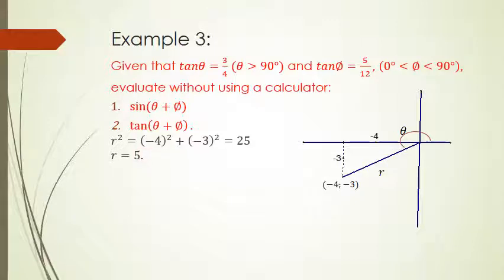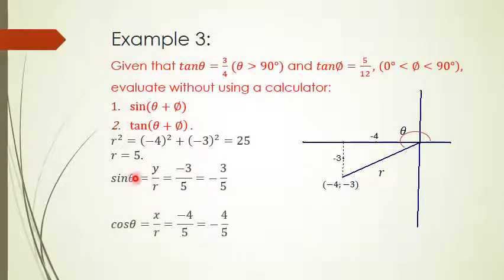So we can now write down the cosine and sine of theta. Sine theta is y over r, and y is -3, r is 5, so that's -3 over 5. Cosine theta is x over r, x is -4 and r is 5, so that's -4 over 5.